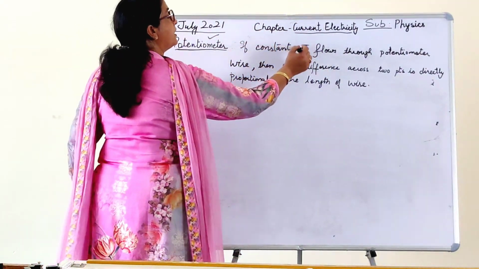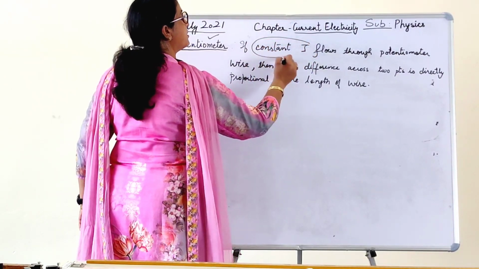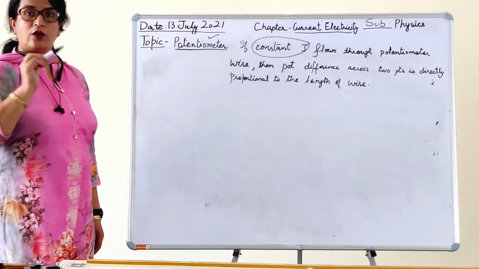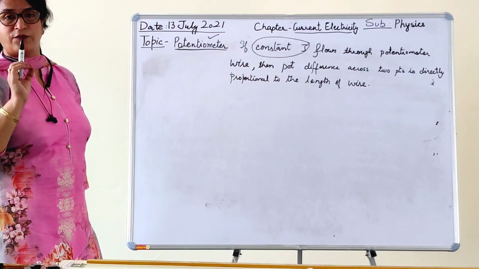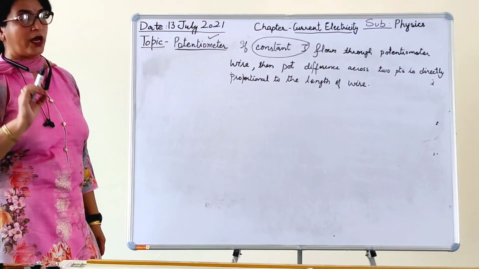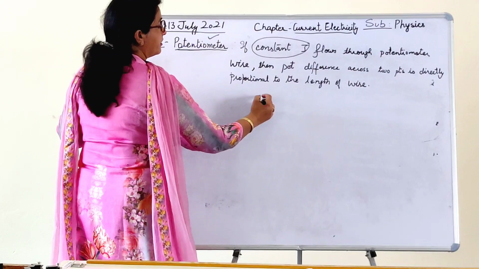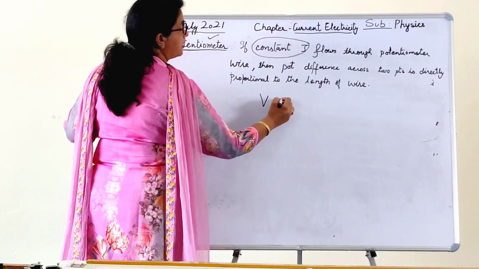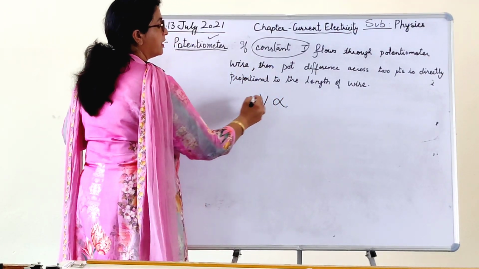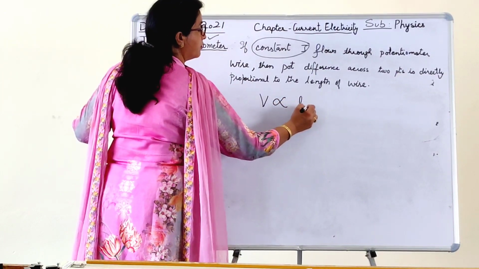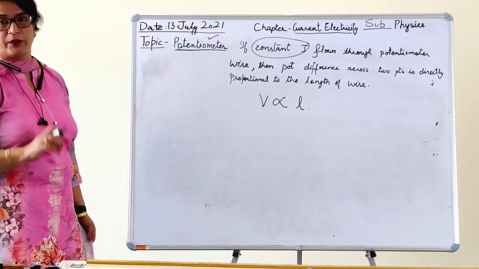So the condition is constant current. Constant current must flow through this potentiometer wire. Only then this V, the potential difference across two points, is directly proportional to the length of that particular wire.